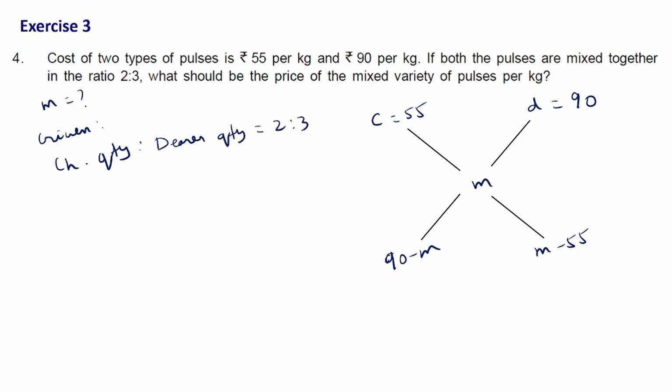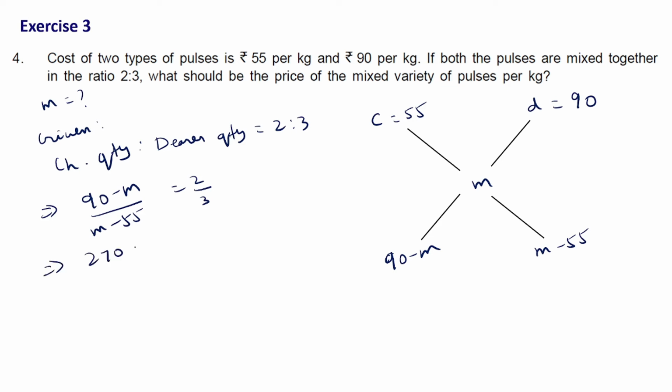This is equal to 2:3. So as I already said, this side we have cheaper quantity and this side we have dearer quantity. So 90 minus M upon M minus 55 is equal to 2 by 3. So from this we can find M easily.